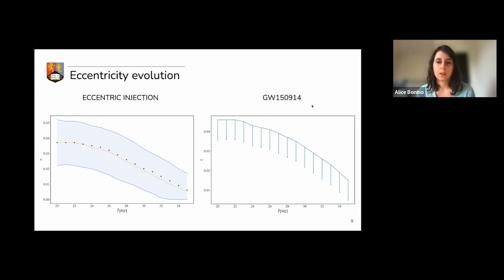From the GW15 and M14 analysis, I found that the system, this is the upper bound of the 90% credible interval, is compatible with a non-eccentric system. This is nice because this is what we saw in the LIGO analysis. But we can also say that we don't exclude a small value of eccentricity at low frequencies.